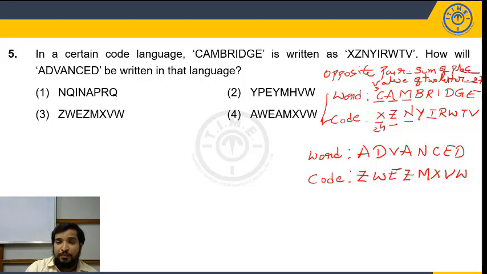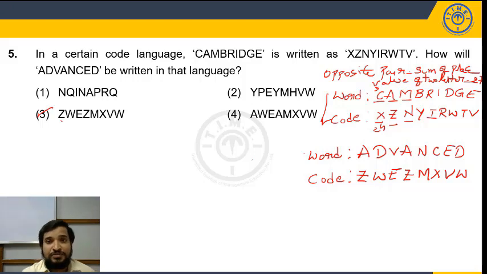ZWEZMXVW. In which choice do we have that? That is choice 3. So what's the logic? Those are coded with the opposite letters.